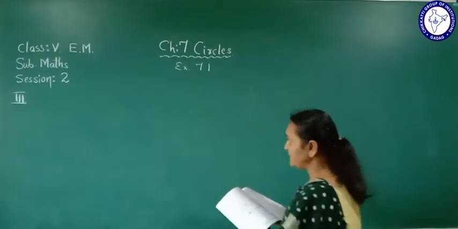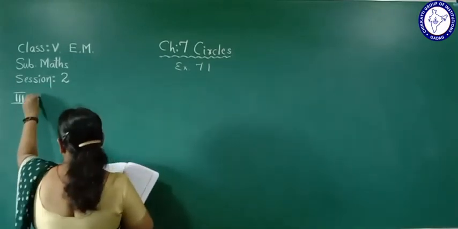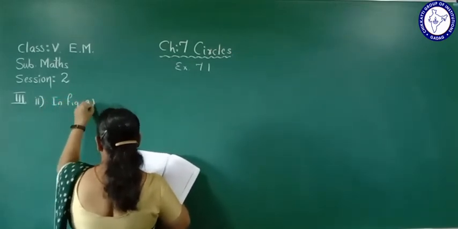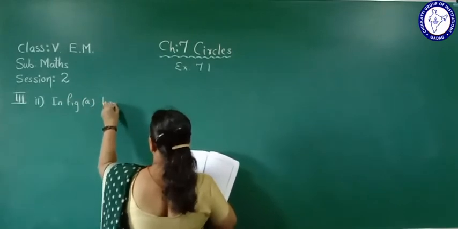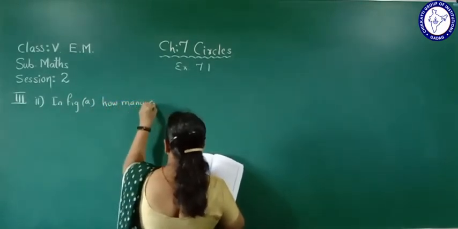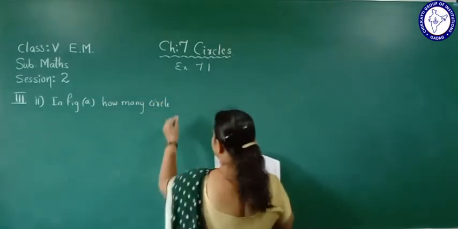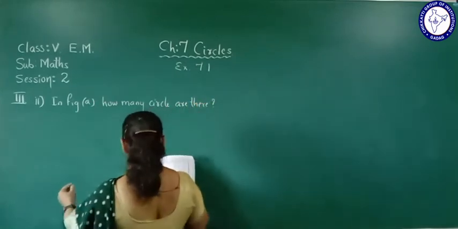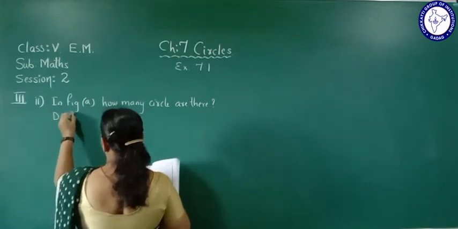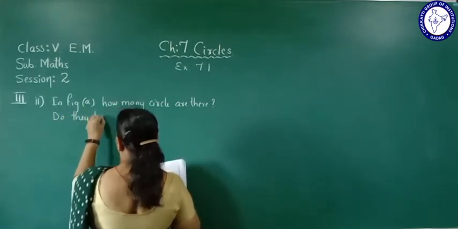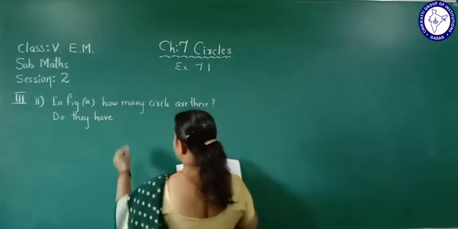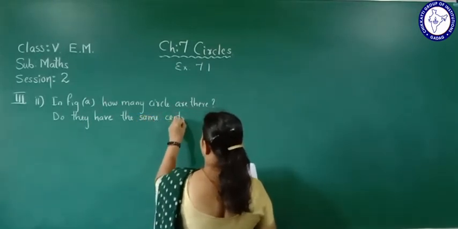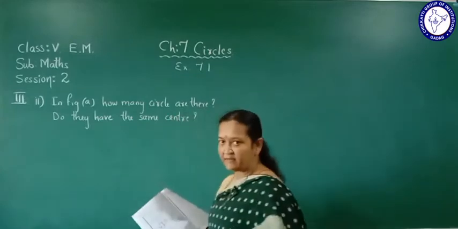So here the second fill in the blank is: in figure A, how many circles are there? Do they have the same center?